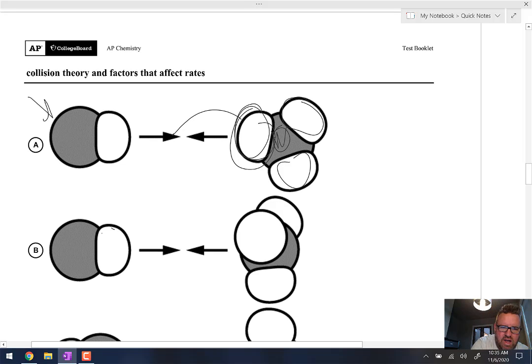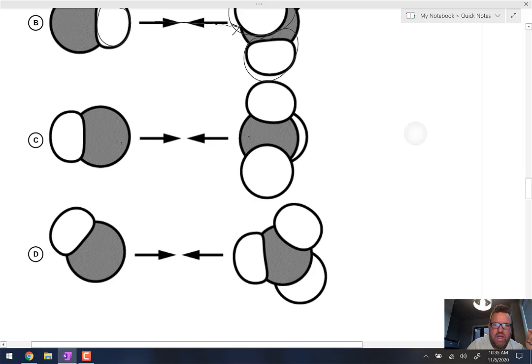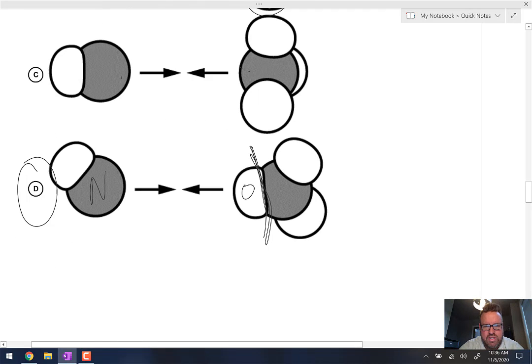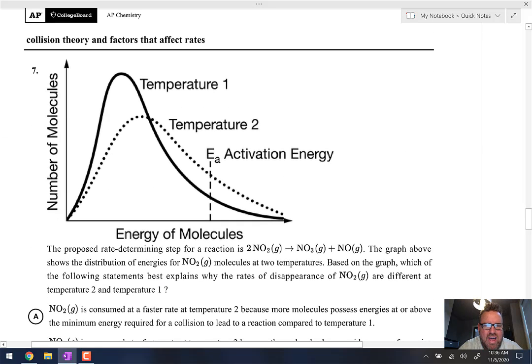Here, this oxygen is hitting the nitrogen, but the nitrogen isn't breaking off. One of the outer oxygens is breaking off. Here the nitrogen is hitting the nitrogen. The nitrogens aren't forming a bond; they're still separate. But here we see the nitrogen on this one is hitting the oxygen. That is oriented the correct way. That will allow that to break off and form NO2. Correct answer is D.